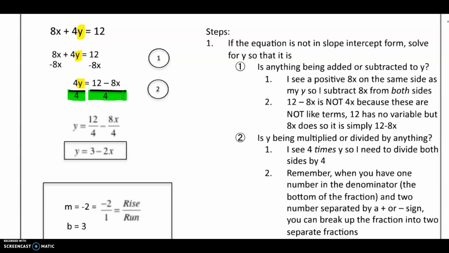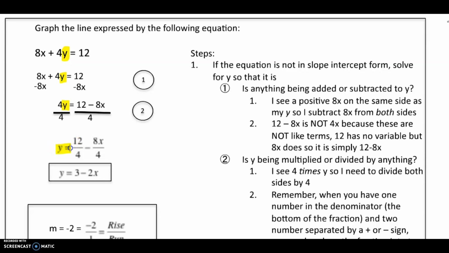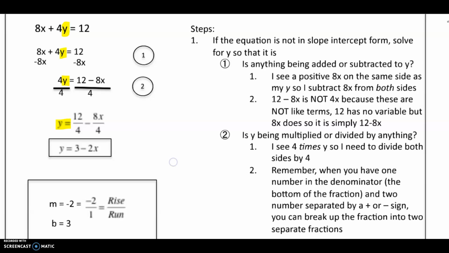Meaning not only are we going to divide 12 by 4, but we also divide the negative 8 by 4. Every single thing is getting divided. Once I do that, we realize we have y equals, that's what we wanted. And when we divide by 4 in the other two pieces, that simplifies to be 3 minus 2x.